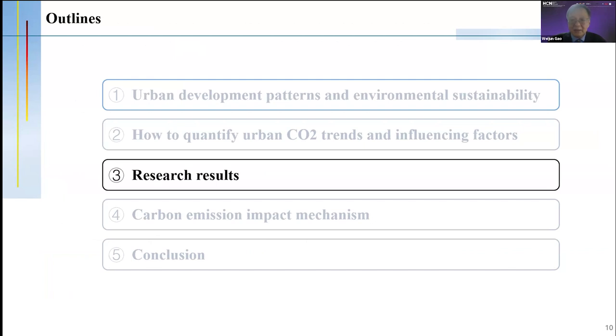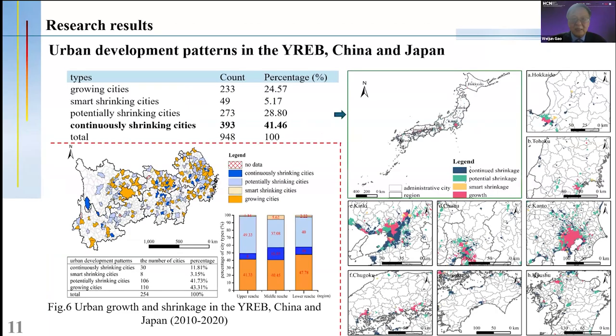About the results, the urban growth and the potential shrinkage, we can see we have two. One is about China and one is about Japan. This is about Japan. If you see Japan, more than 41% is a continued shrinkage city.